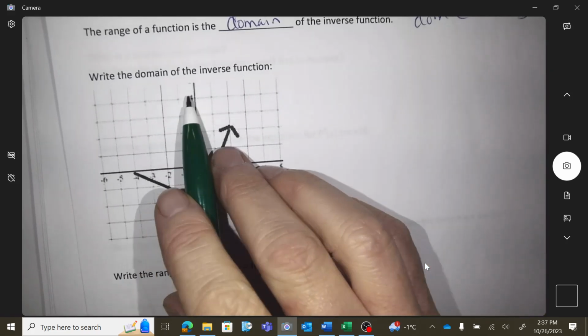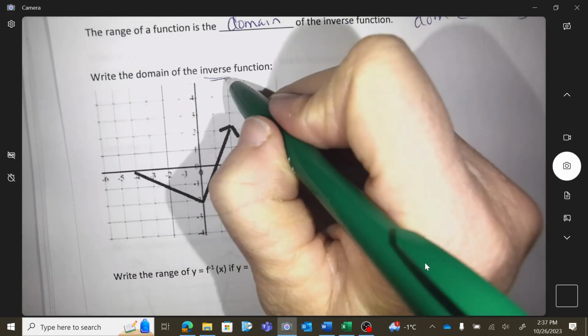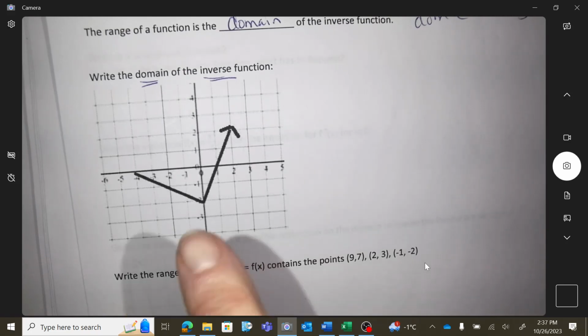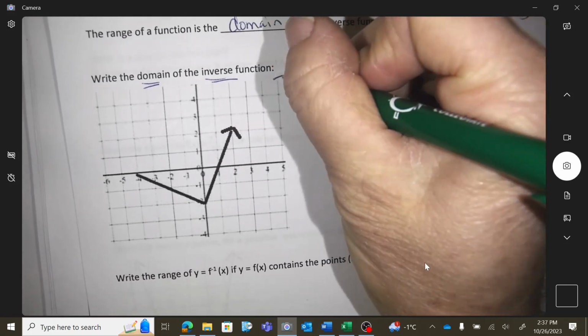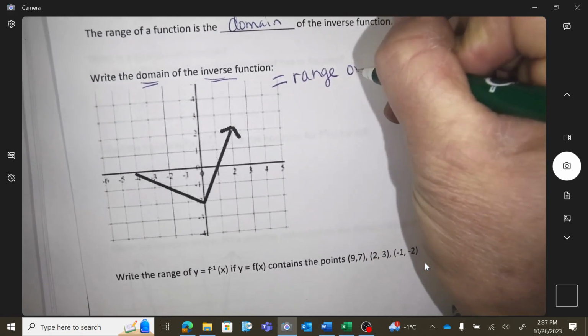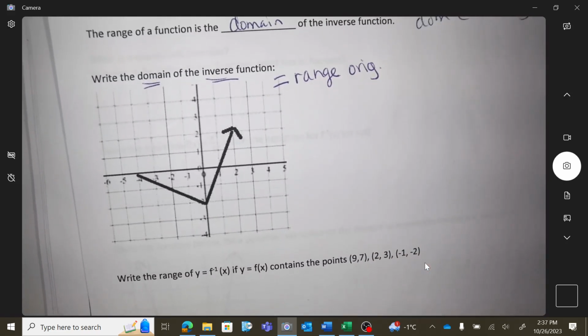Okay, write the domain of the inverse function. Okay, so people that I see on a test do way too much work on this. Okay, the domain of its inverse will equal the range of the original. The domain of the inverse will be whatever the original range was, right?